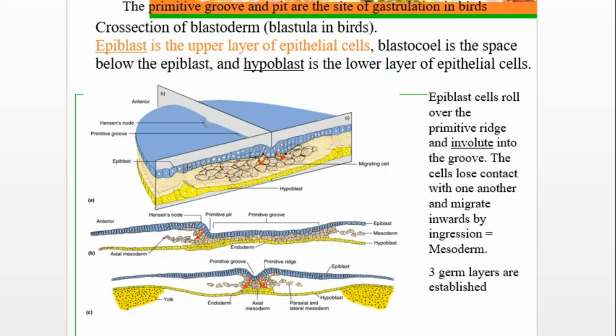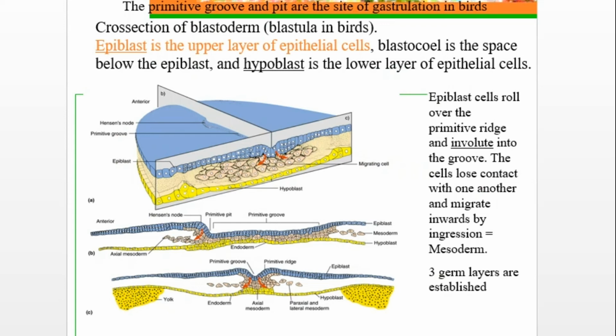Paraxial mesoderm is close to the middle part of the body, to the axis of the body, and undergoes segmentation to somites. And each somite is segmented into three parts: myotome, dermatome, and sclerotome.